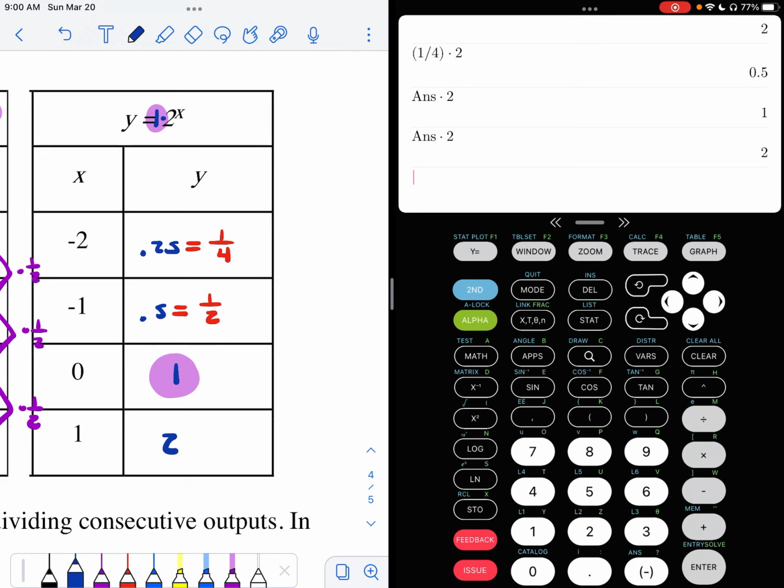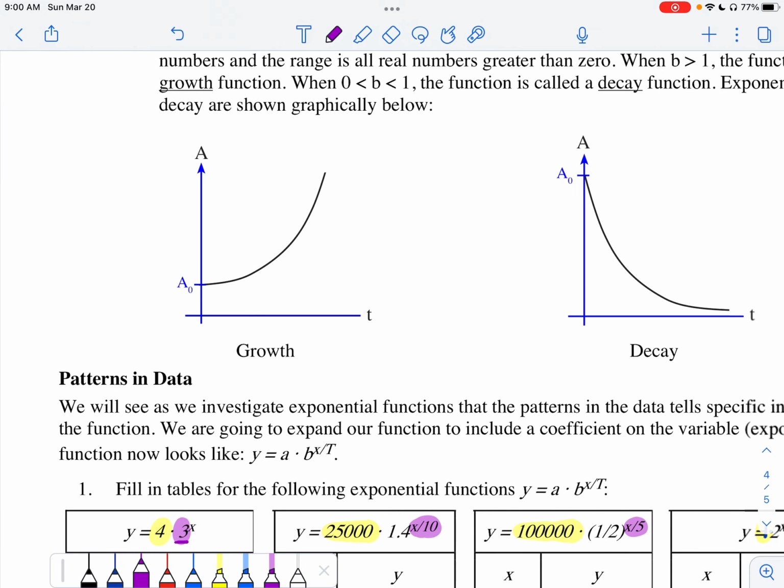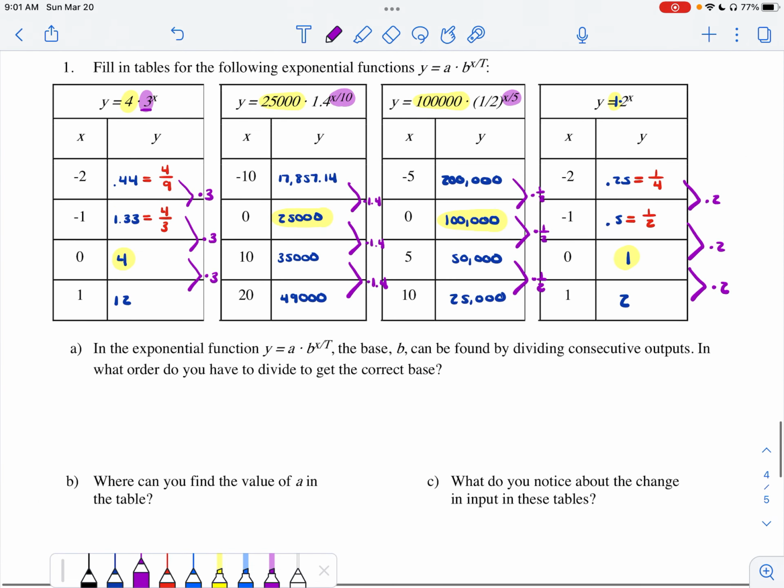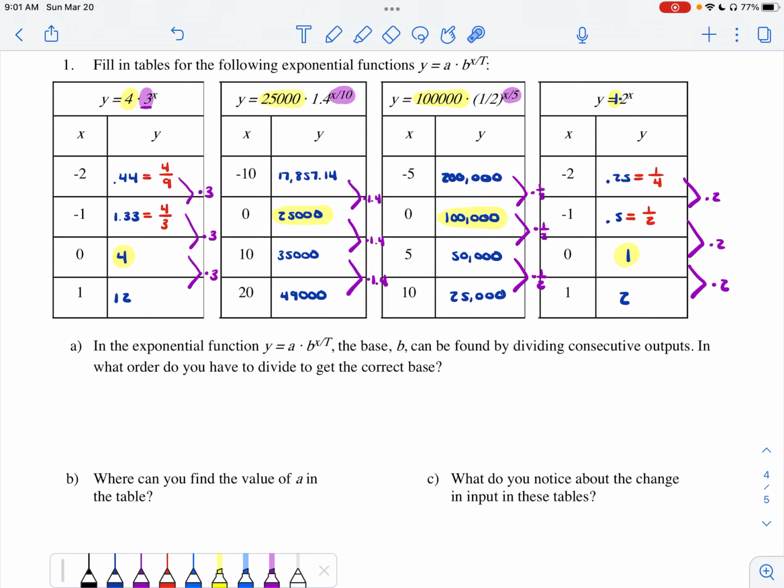So we again see that base reflected here in the same way that we did before. Times 2, times 2, times 2. All right, so those are some patterns that we noticed here. Let's go ahead and look at these questions.